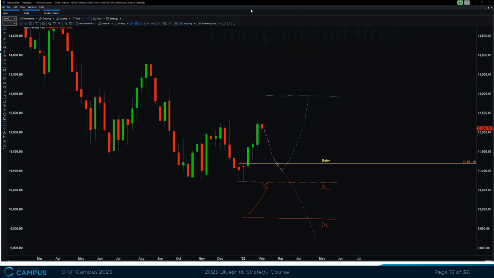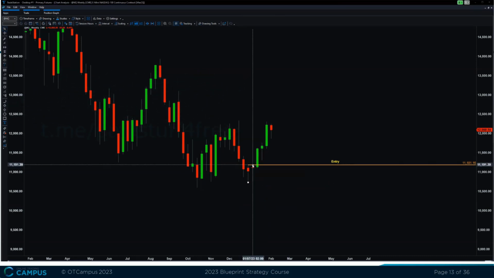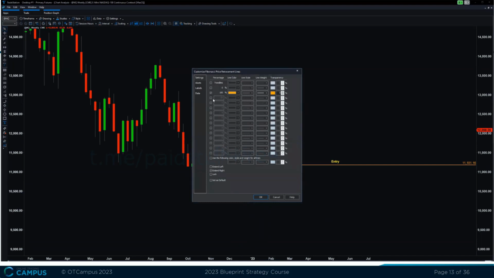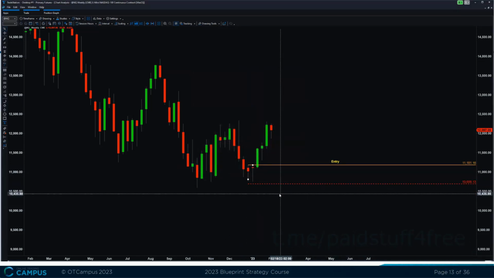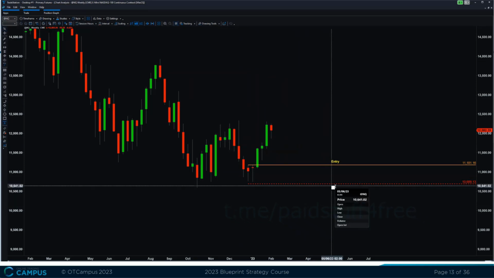So let us remove that, the green part, and let's now put in a stop here. Okay, so now we're putting in a stop loss. And let's just say that's going to be our stop loss.